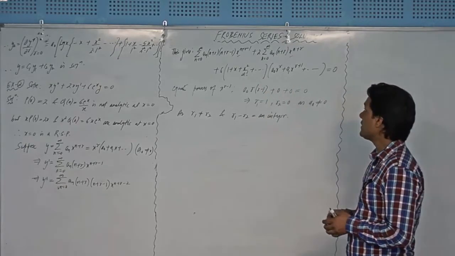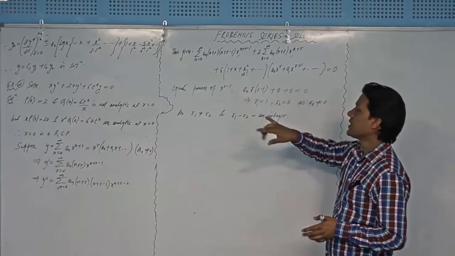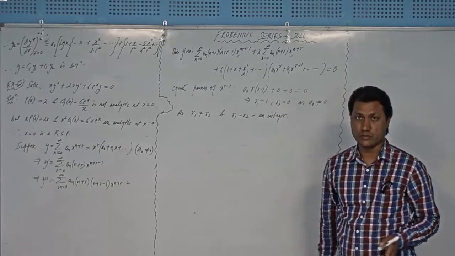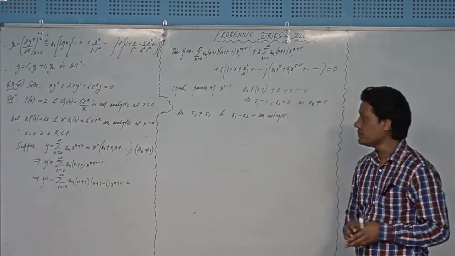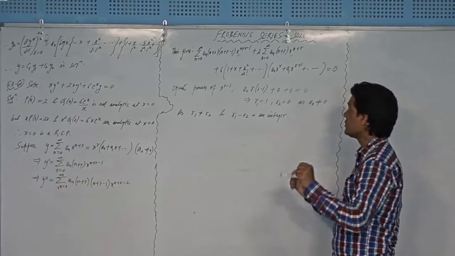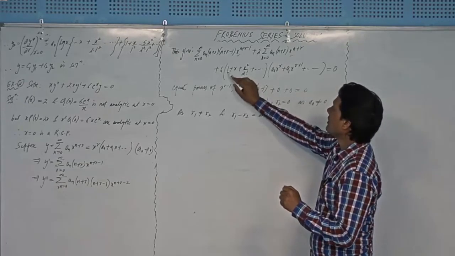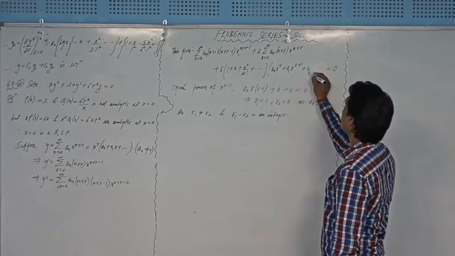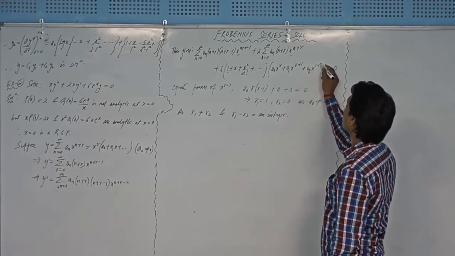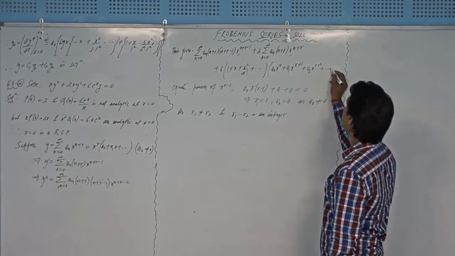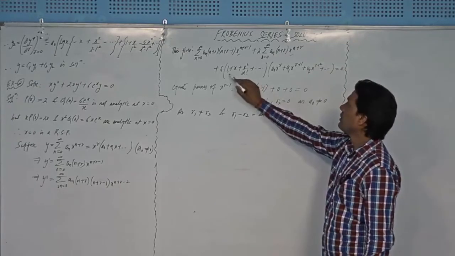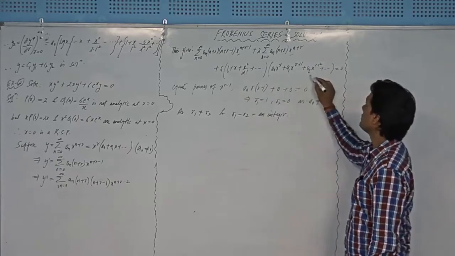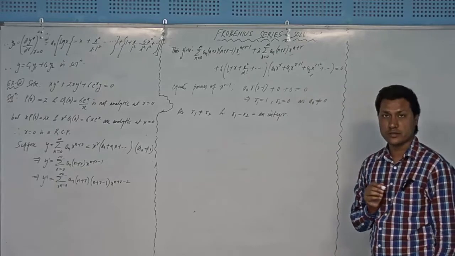Suppose you want to obtain x to the power r plus 2, then you have to do 3 multiplications. First, multiply this 1 with the third term, a2 x to the power r plus 2, then you will get x to the power r plus 2.